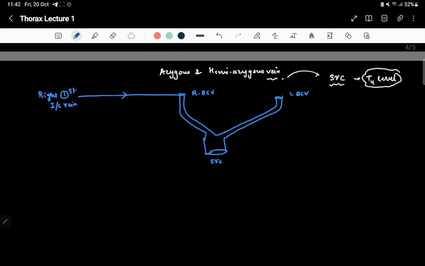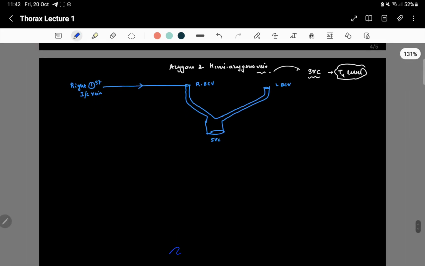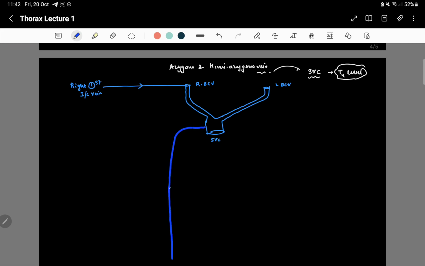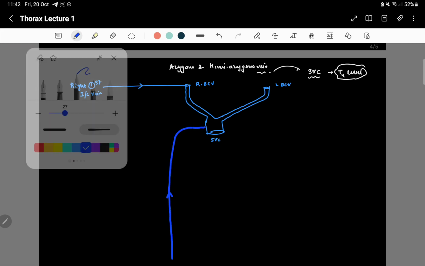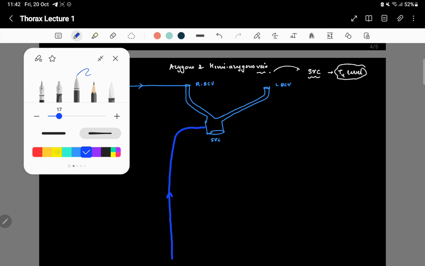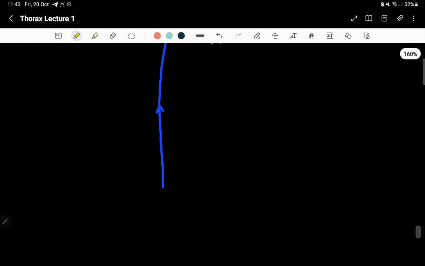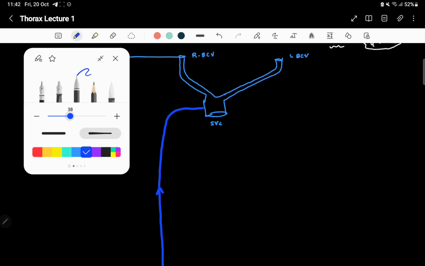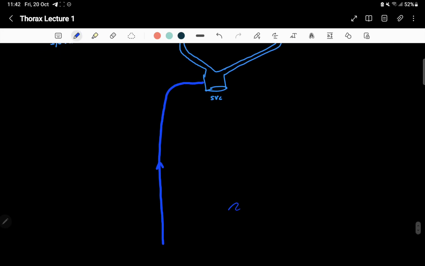Below it, from below, another vein is going into your superior vena cava. This one. And this is your azygous vein, and your hemiazygous vein is this one, that is your half azygous, that is hemiazygous vein.